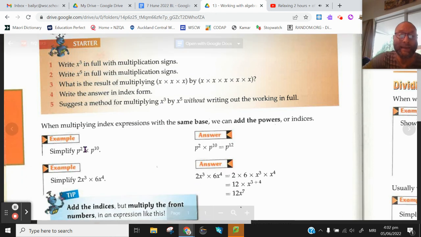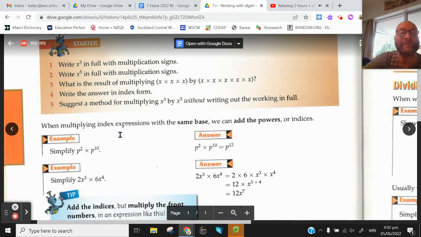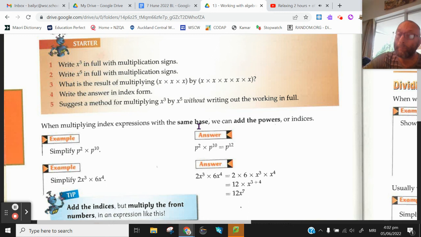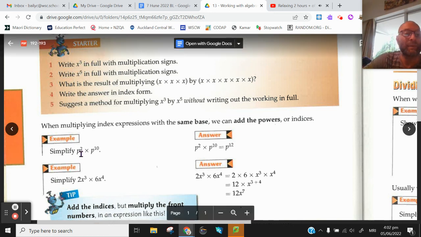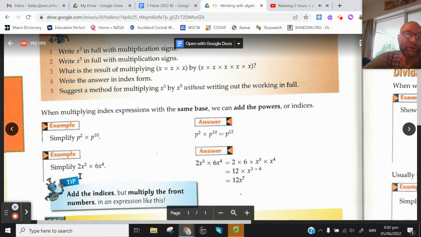So what we're taking away there is when we're multiplying index expressions with the same base, that base being the x, all we want to do is add the powers. So p to the power 2 times p to the power 10 will be p to the power 12. Let's put a little bit more together there. 2x to the power 3 times 6x to the power 4. Well, the 2 times the 6 would give us 12.